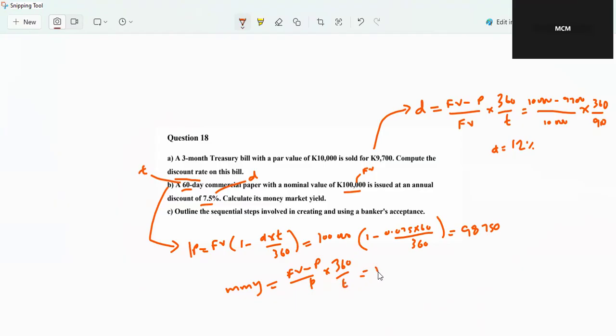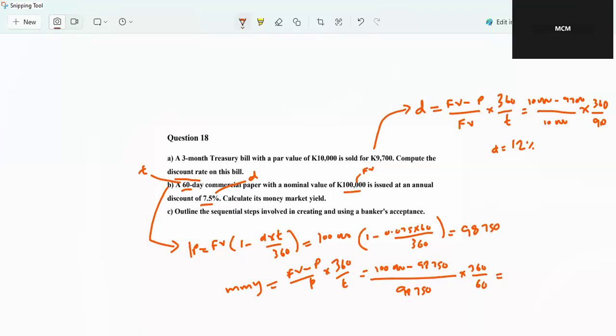So 100,000 minus 98,750 over 98,750 times 360 over the time of how many? 60 days.